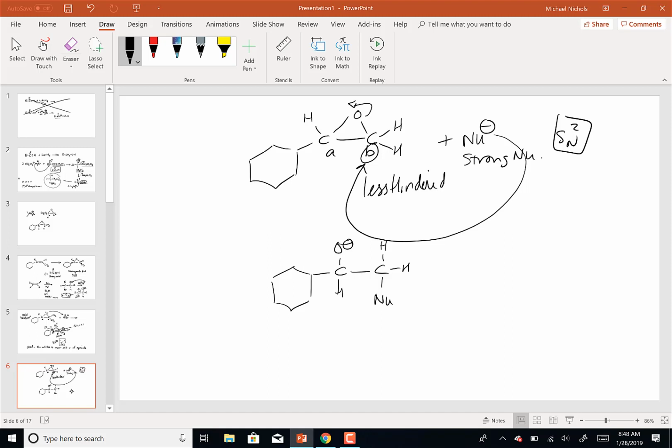Yes. So we still have to add from underneath. So we would get an inversion of configuration here because the nucleophile would be taking the position opposite that. And we normally don't look at that, but we could. What we're normally interested in is the fact that the O minus and the nucleophile are 100% trans.